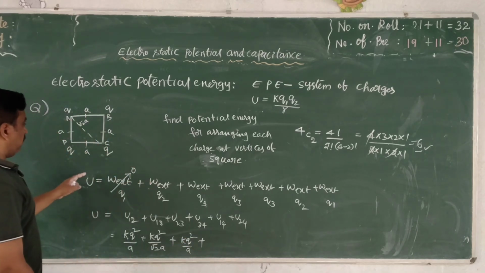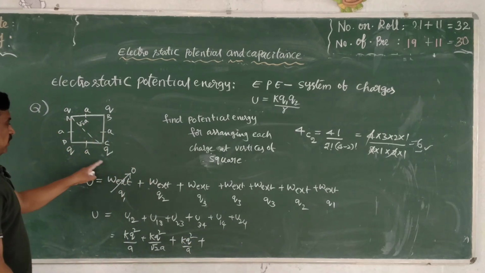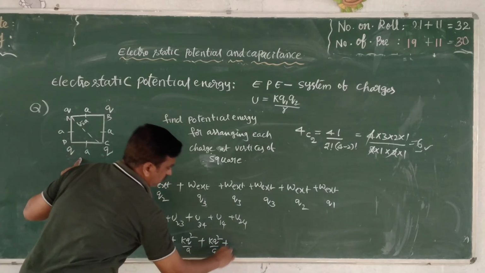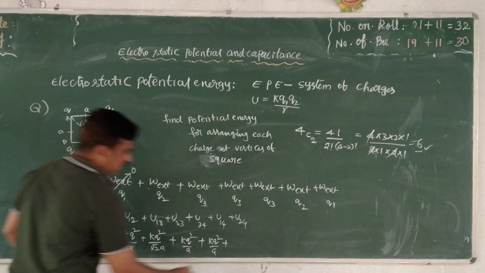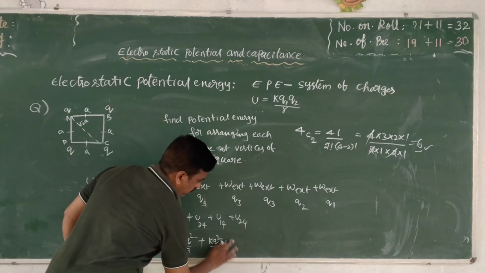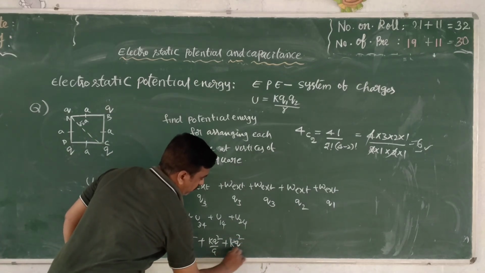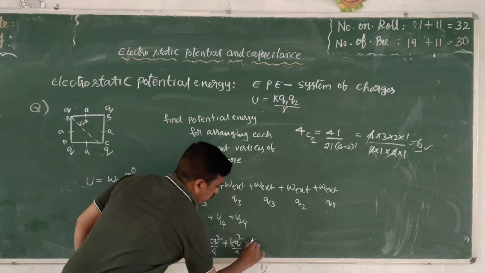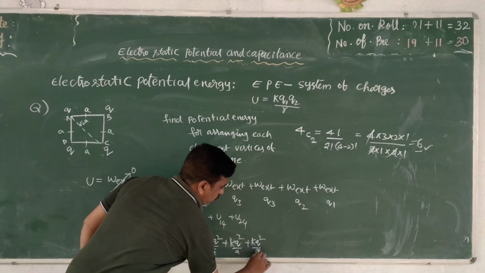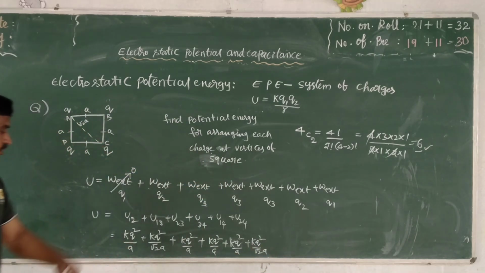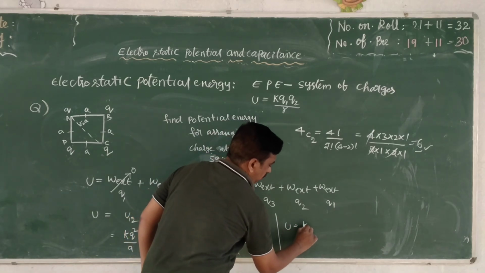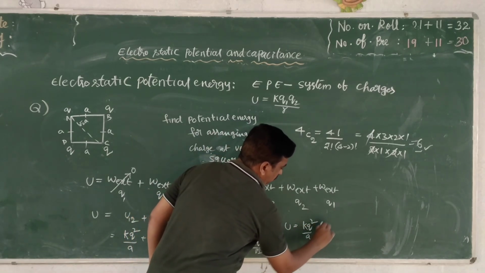Plus U34, the potential energy is k q square by a, plus U14 also k q square by a. See, all have k q square by a common.